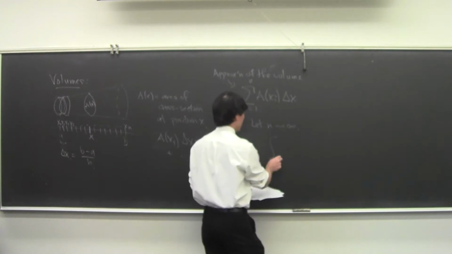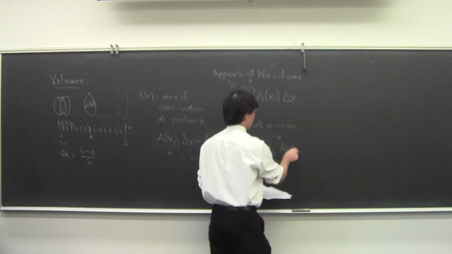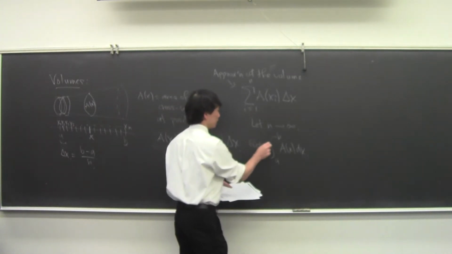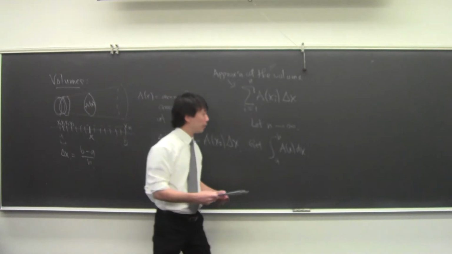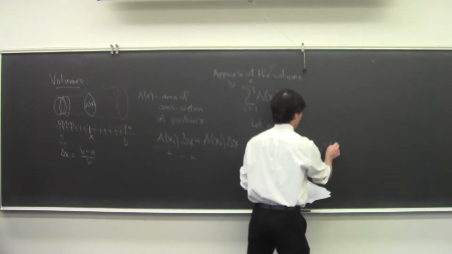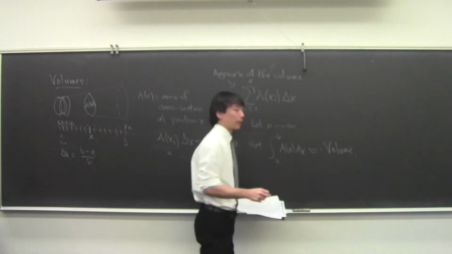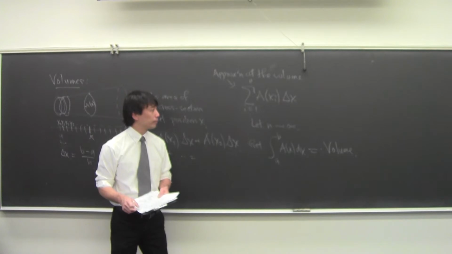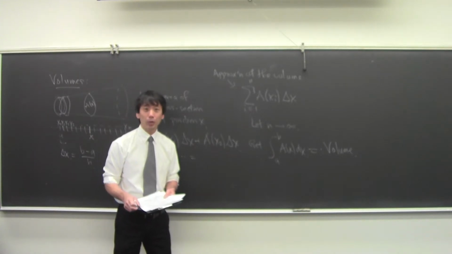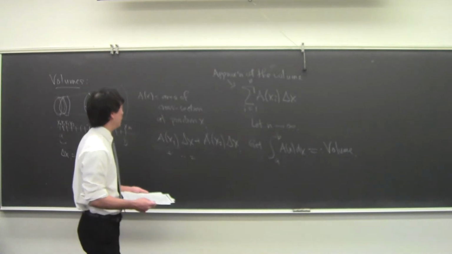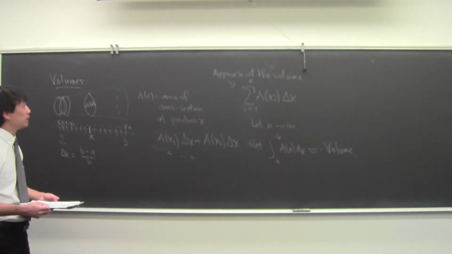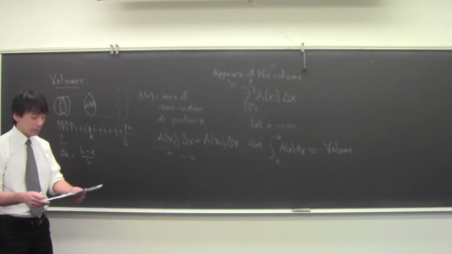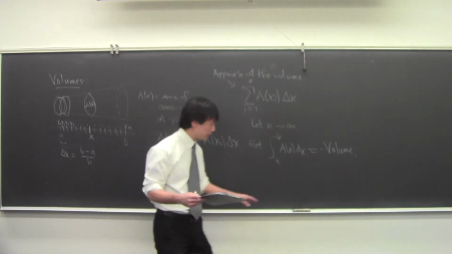What's the definite integral? It's the integral of A of x dx. And so this is what we call the volume. So that's how we figure out the volume. That's the idea. And we did some examples of this last time.